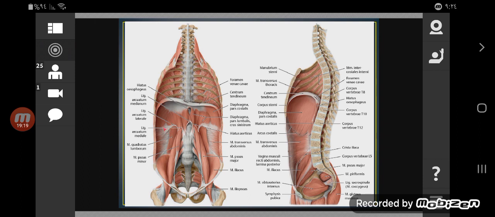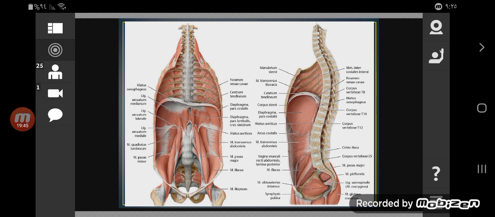The posterior attachment consists of the remaining costal attachment here, and with a gap between them, we reach the lumbar attachment. From here to there is the lumbar attachment of the diaphragm on each side.